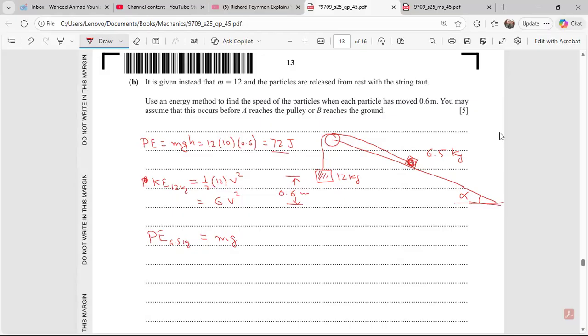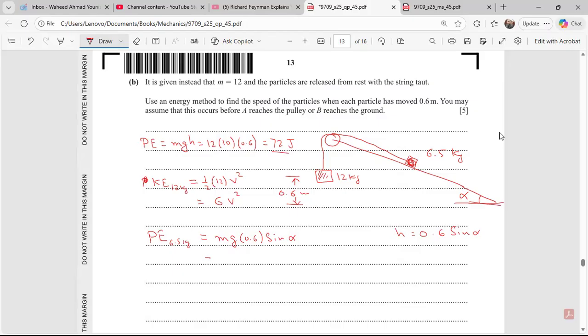This vertical distance is going to be 0.6 into sine of alpha, right? So this is the vertical distance in this case. Okay, so for mg and h I will use 0.6 into sine of alpha. I hope this is clear.